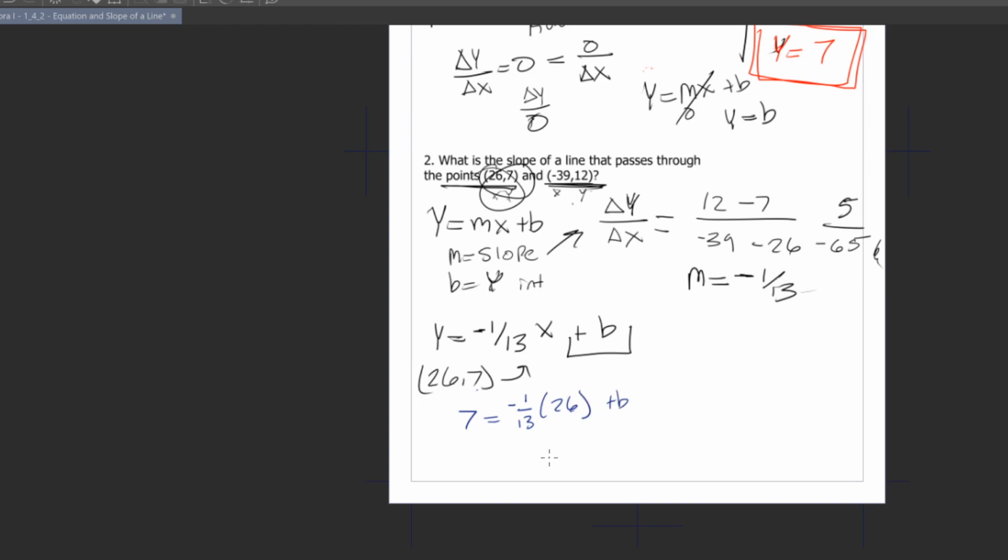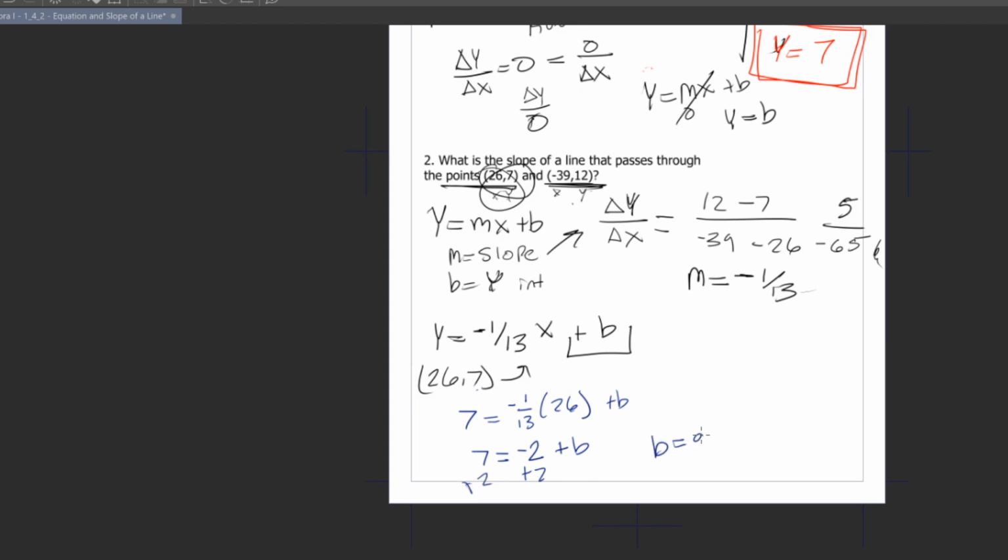Let's go ahead and solve this out. Negative 1 divided by 13 times 26 gives us negative 2, plus b. Now continuing on, plus 2 plus 2.